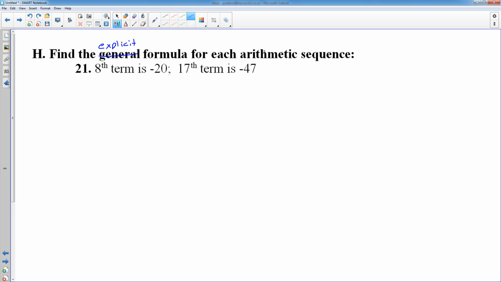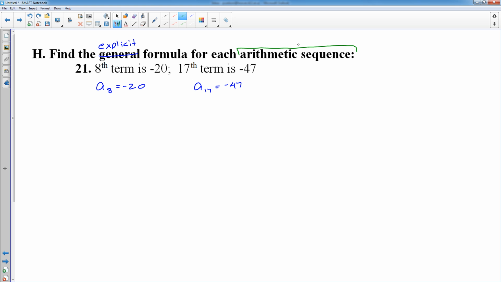All right, so find the explicit formula for each arithmetic sequence, and what I'm doing is I'm giving you two terms. I'm giving you the 8th term, and I'm giving you the 17th term. And in order to find the formula for an arithmetic sequence, remember arithmetic sequences have a common difference.